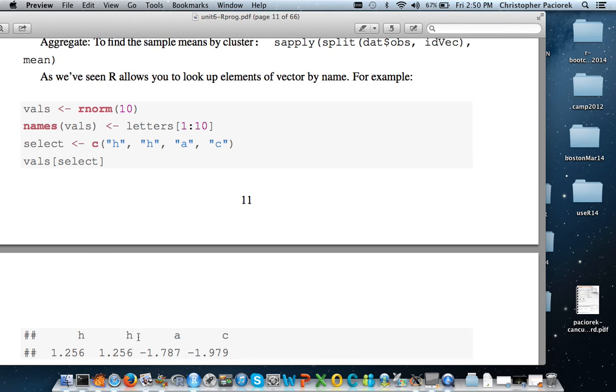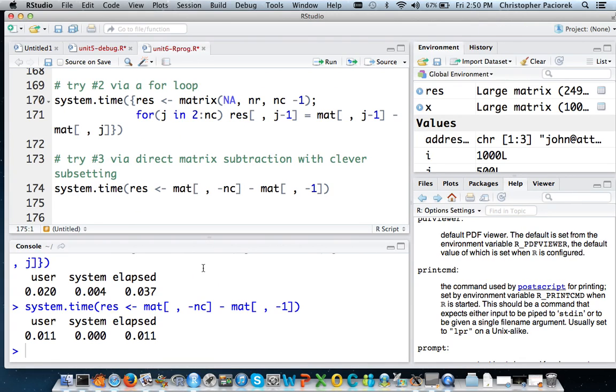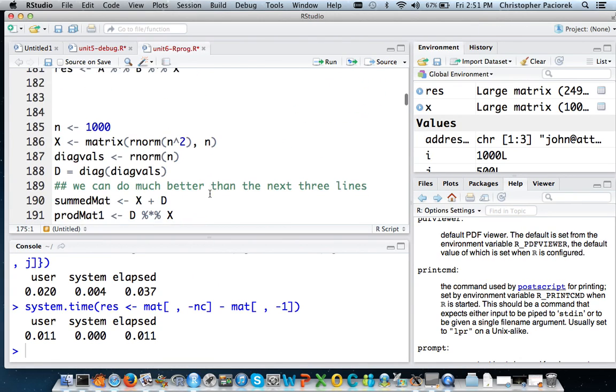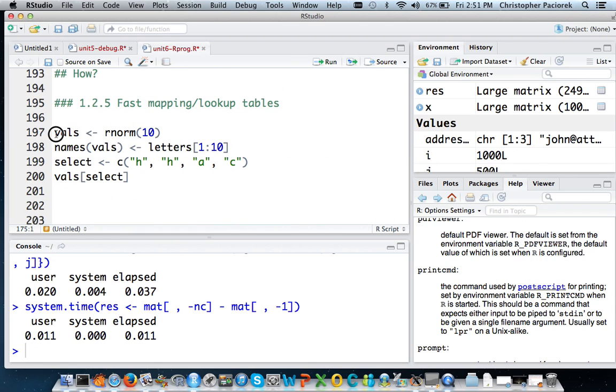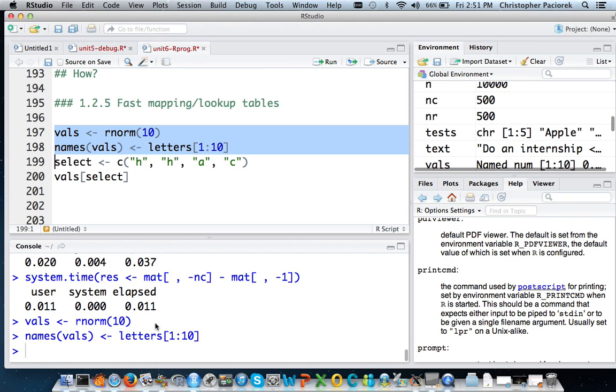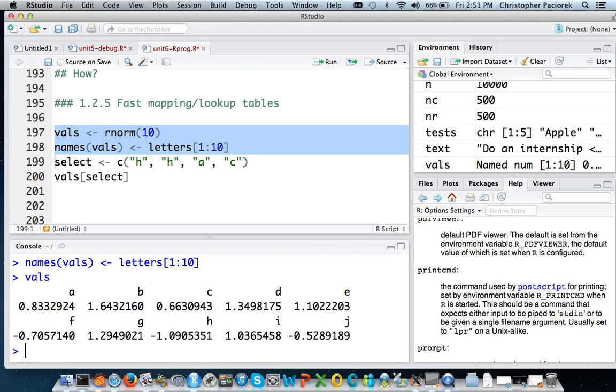Let me switch over to R just to see what this looks like. Okay, now I've got this vector, vals. You can see there's a label associated with each of the numbers. So this is still just a standard R vector, but it has an attribute, which is the names. Just like a list can be named, or columns or rows can be named in a matrix, we can name the elements of a vector as well.